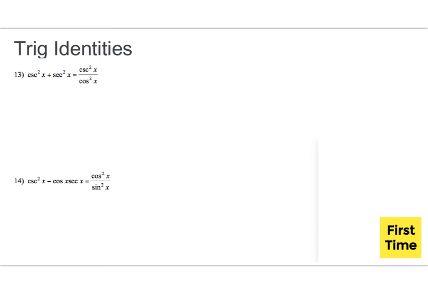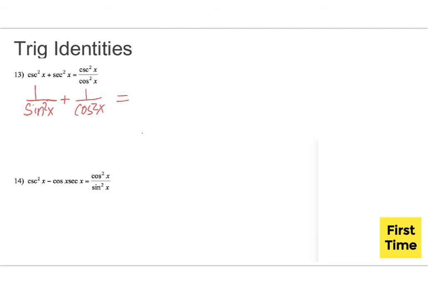And finally, on to some identities. We're looking at the first one, cosecant squared plus secant squared. Let us try to write these in terms of sine and cosine and see if that helps us. That's going to give us 1 over sine squared x plus 1 over cosine squared x. I'm just going to do this horizontally so I have enough room.